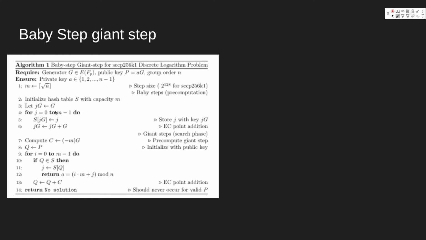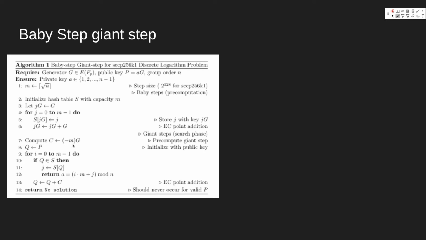At every step, with the iteration starting from 1, I store that key in the hash table with the corresponding index. When j is equal to 5, jg will be 5 times g. When j is equal to 100, it will be 100 times g, something like that. These are called baby steps.